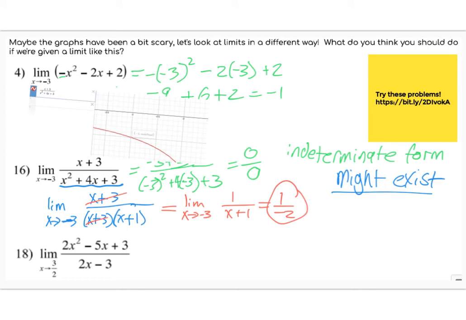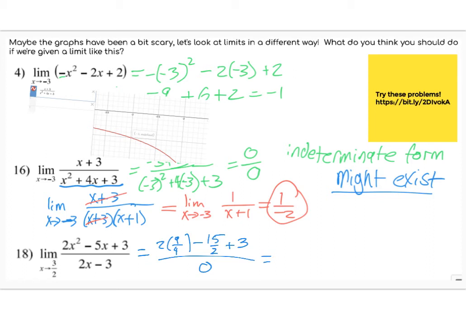And then finally, we're going to end up with the same issue. I'm betting, I'm not entirely sure, but I'm going to guess that when I plug these things in, we're talking about 2 times (3/2) squared, which is 9/4, minus 5 times 3/2, which is going to be 15/2, plus 3. And on the bottom, I'm going to end up with 3 minus 3, which is going to be 0.